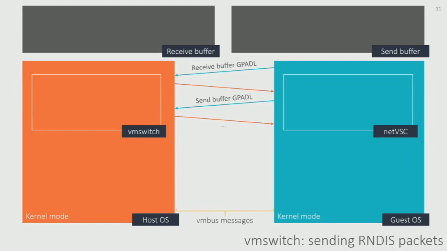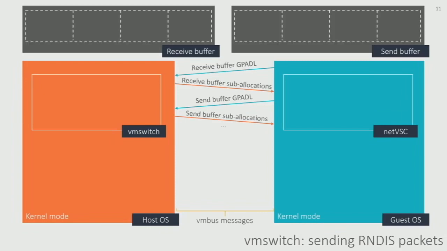So the host OS is responsible for subdividing the receive buffer and the send buffer into smaller sub-allocations. The reason is you want to be able to send and receive more than one packet at a time, because again, networks are a nightmare and there are a lot of packets all the time, and you have to deal with that. The important thing here is the host OS is the one who makes that decision and sends back those bounds for sub-allocations.